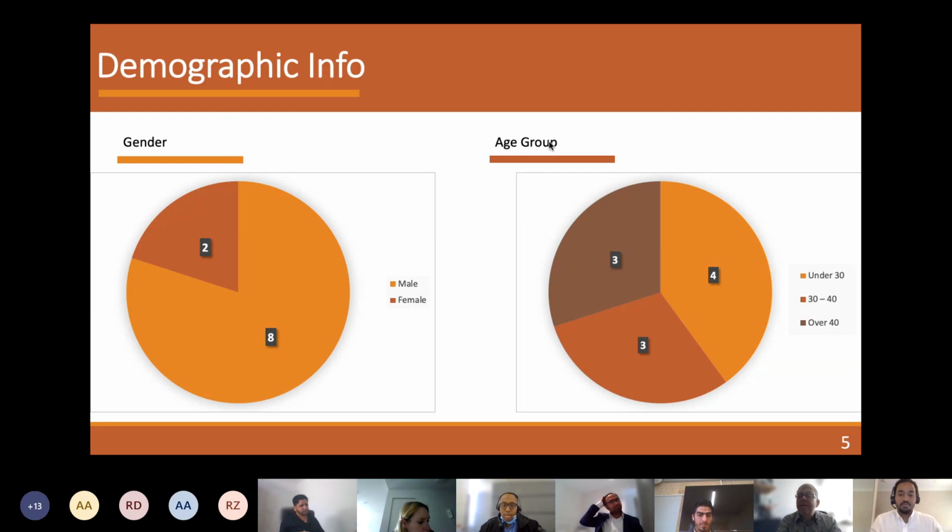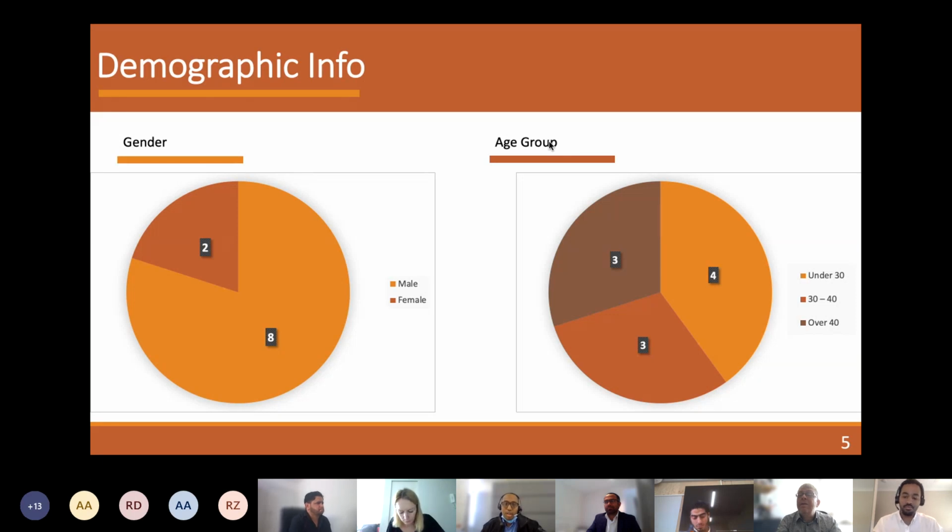In the age group, we broke it down into 3 groups: under 30, between 30 to 40, and over 40. Over 40 has 3 participants, between 30 to 40 we have 3, and the highest number goes to under 30.